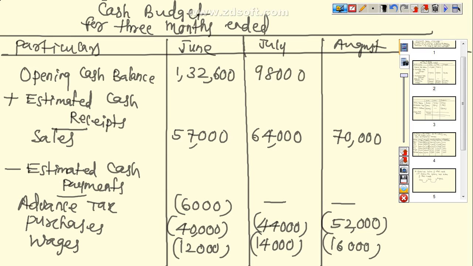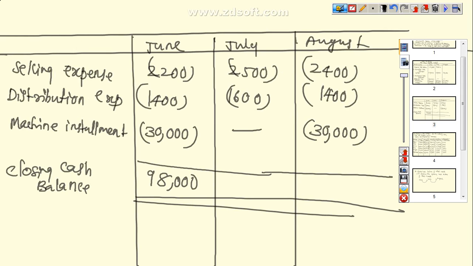Again add cash receipts and deduct cash payments. 98,000 plus 64,000 minus 44,000 minus 14,000, then minus 2,500 minus 1,600, that is equal to 99,900.